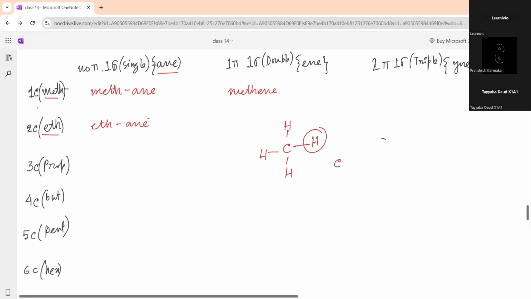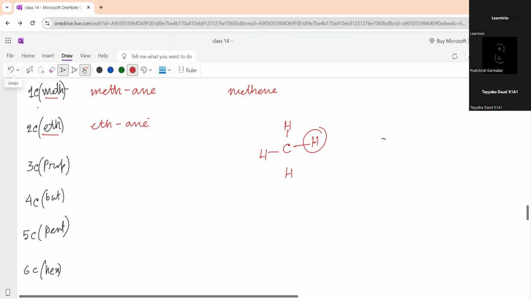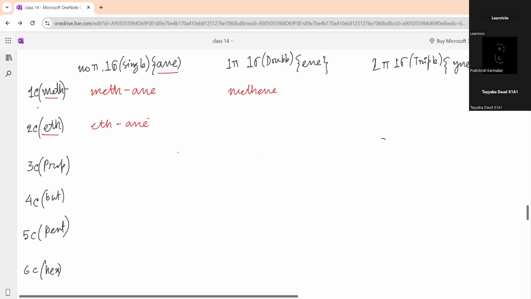But if we do that, that won't be meth anymore. That would be eth. If we use another carbon, there will be two carbons in total. So only one carbon and a double bond, this doesn't exist. Because when we are having only one carbon, we can only use hydrogens.